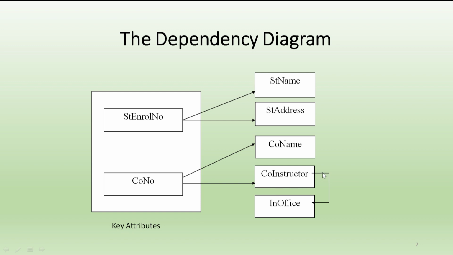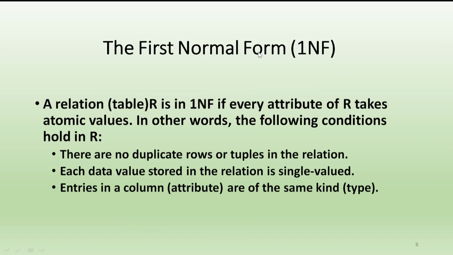However, the course instructor is determining the office, that is the telephone number of the office of that particular person. So this particular dependency diagram is a very important step in solving this particular problem.